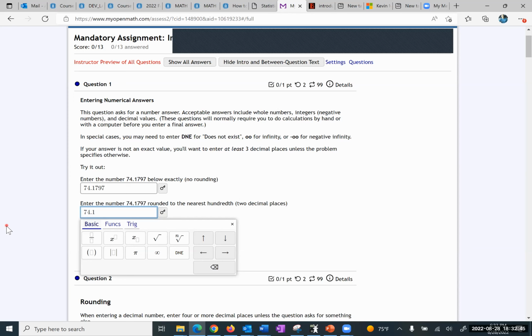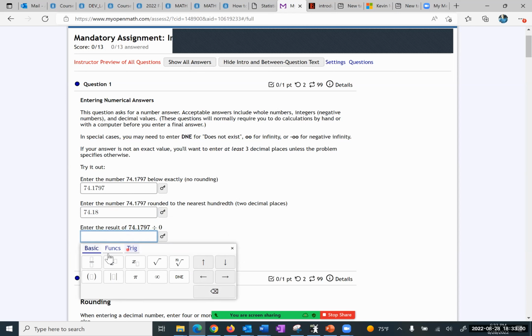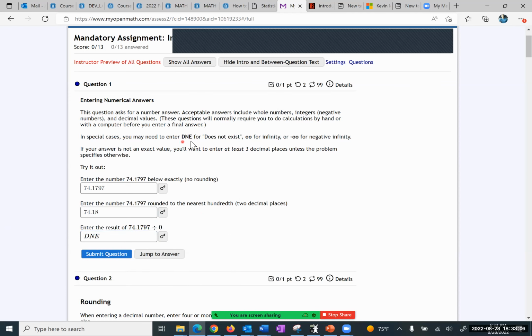So I'm going to change the 7 to 8. This is rounding to the nearest hundredth. And division by 0. Can I divide by 0? The answer is no. So it's really undefined. They don't have it here. So they do have DNE. Does not exist. See, DNE or does not exist. Okay.